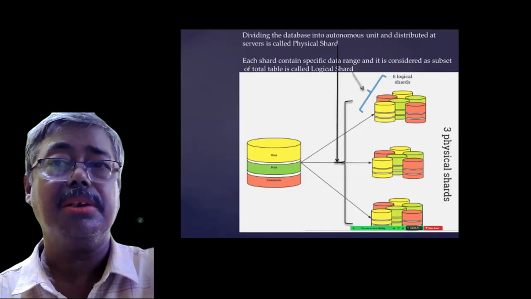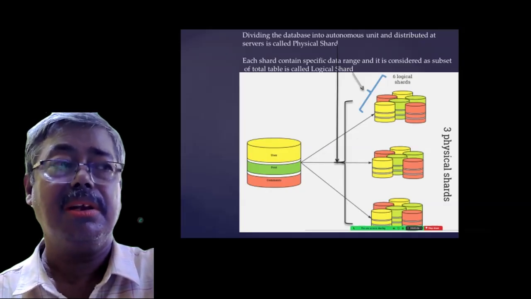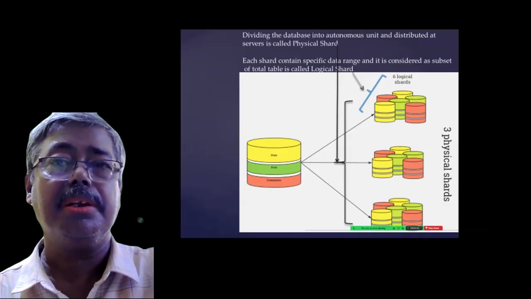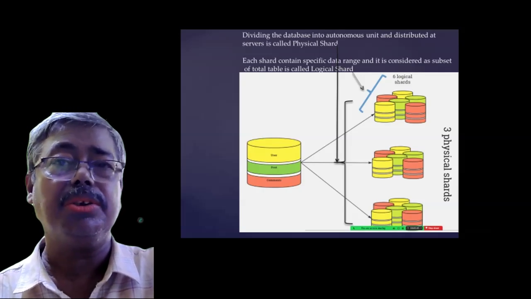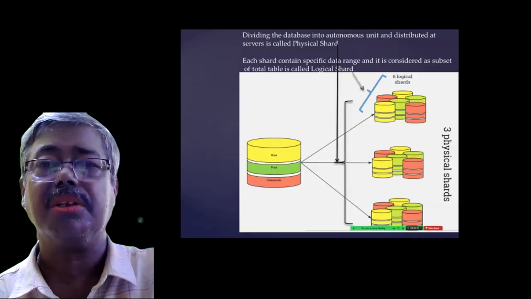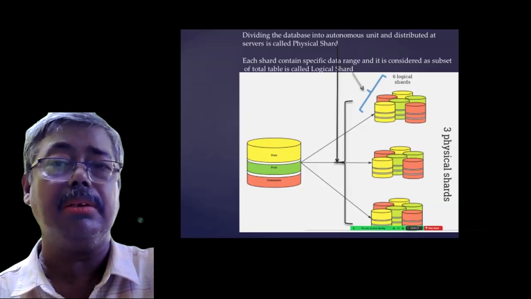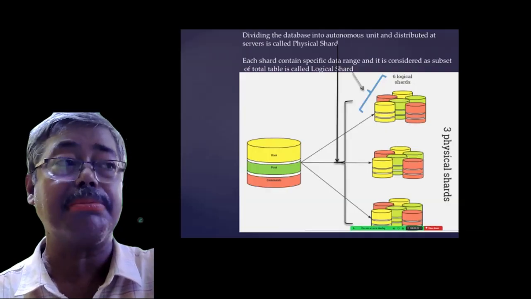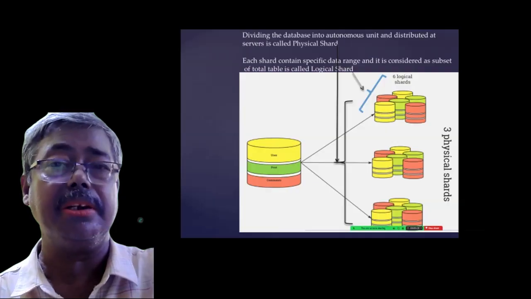But if we want to divide the table into 6 logical parts, and the 6 logical parts are distributed across the 3 shards, then there are 6 logical shards and 3 physical shards. In this way, shards can be divided. The table can be divided into subsets for working independently.